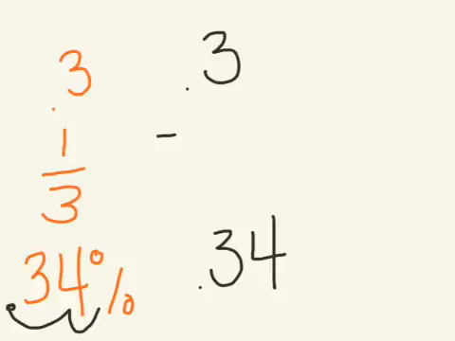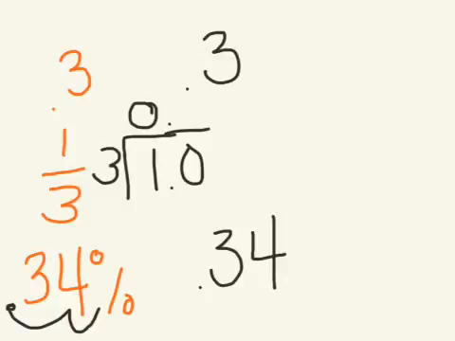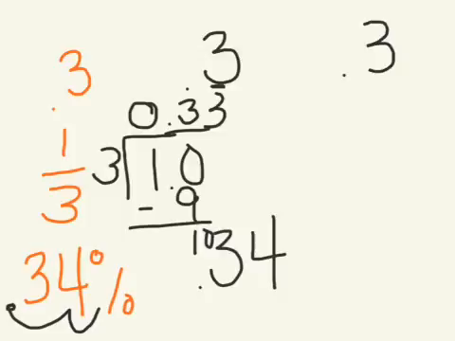And for 1/3, I would do top in, bottom out. Now 3 goes into 1? It doesn't, so I add a decimal and a 0. 3 goes into 10 3 times, and we get 9, and we subtract, and we get 1. So we're going to keep getting 3s, which is a repeating decimal, so I can indicate that with a little line at the top. So now we have 0.3, 0.333 repeating, and then 0.34.